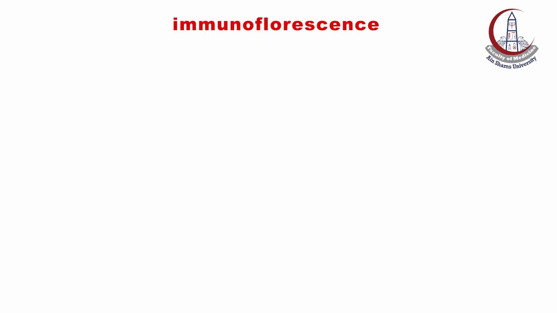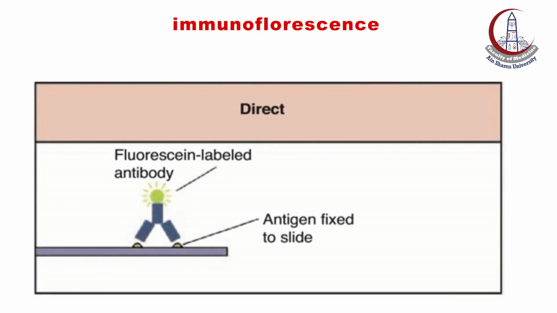The final antigen-antibody detection system that we will be discussing in this lecture is immunofluorescence. Here the principle is that a fluorescent substance such as rhodamine B can be covalently attached to an antibody molecule and made visible by fluorescent microscope with UV light.